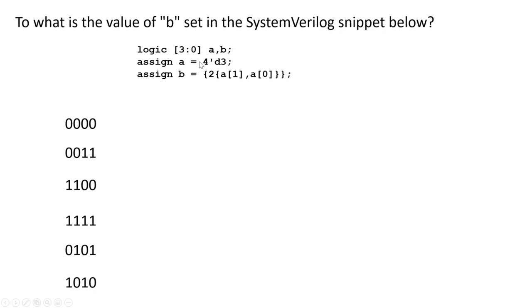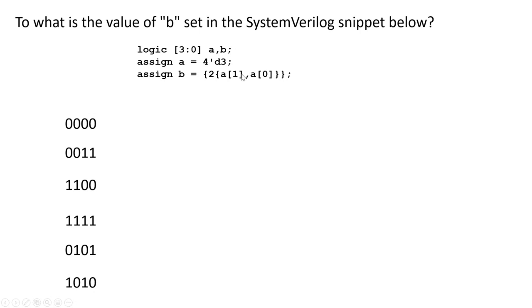But this one is doing some bit operations, and I'll talk about these right after I get through the quiz. So you've got A and B are both 4-bit values, and A is 4 bits holding the decimal value 3, which in binary would be 0011. And so I'm going to take the 2 rightmost bits of A, bits 1 and 0, which would of course be 1, 1.